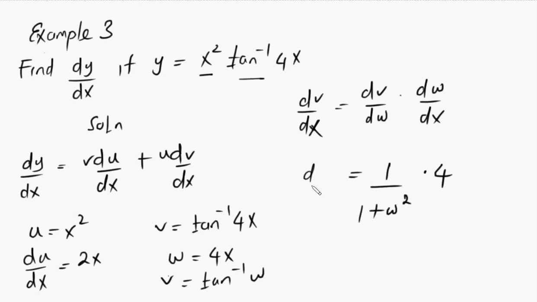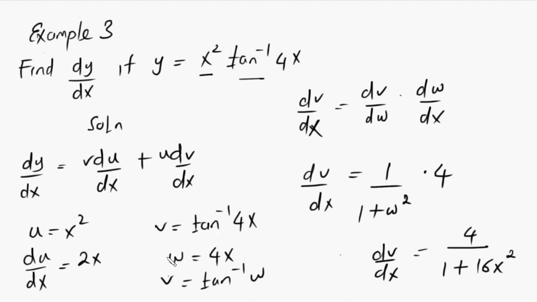Kwa hiyo ndo nini? Hii ndo dv dx. Sawa? Yeah, I mean here dv dw is just this one, okay? But w is equal to 4x. Kwa hiyo dv dx sasa itakuwa ni 4 times 1 ni 4 over 1 plus, nikisquare both sides, hapa napata w squared, hapa napata 16x squared. So this one is dv dx.